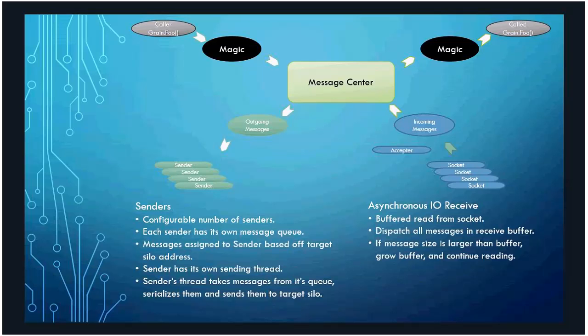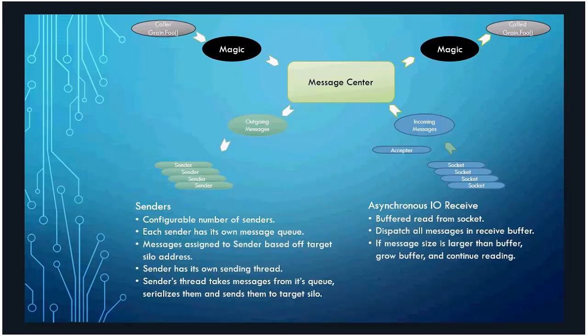On the receive side, we just rely on asynchronous I/O to process the incoming messages, or at least dispatch them. We give a rather large buffer to the read operation and let it read in as much data as it can within reason, and then we go through that buffer, parsing out messages that have been read into that buffer and then sending them off to be dispatched.